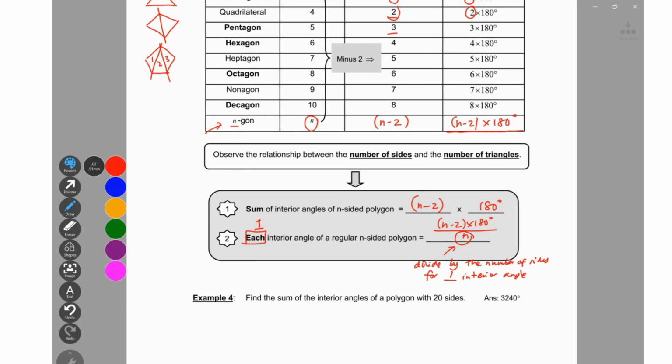Example 4: you are asked to find the sum of interior angles of a polygon with 20 sides. That means n is 20, so I'm going to use the formula. Sum of interior angles is n minus 2 times 180.